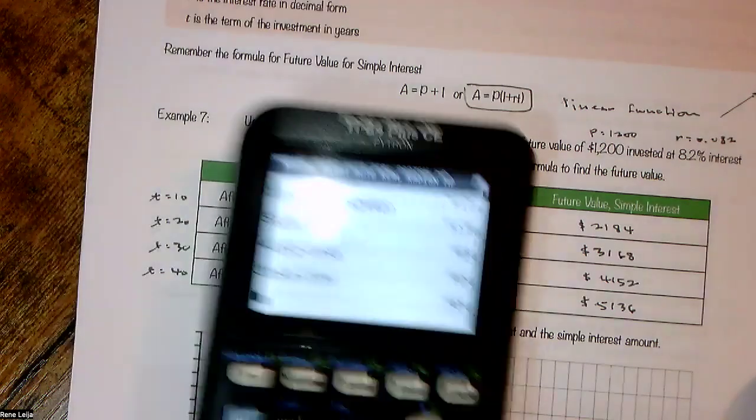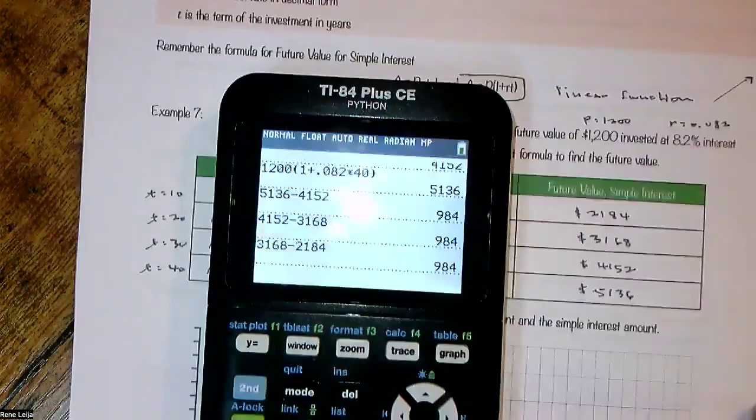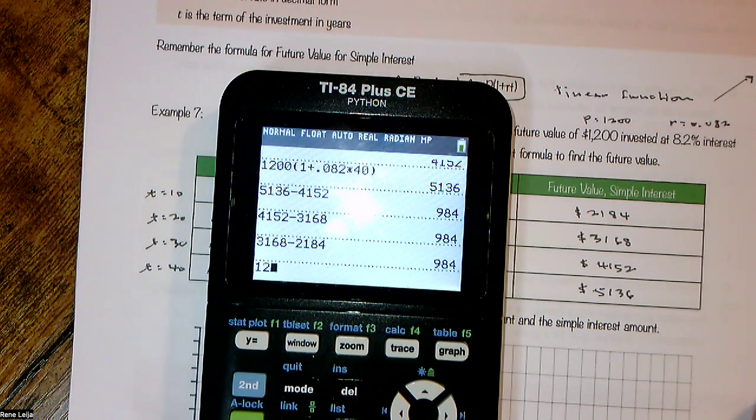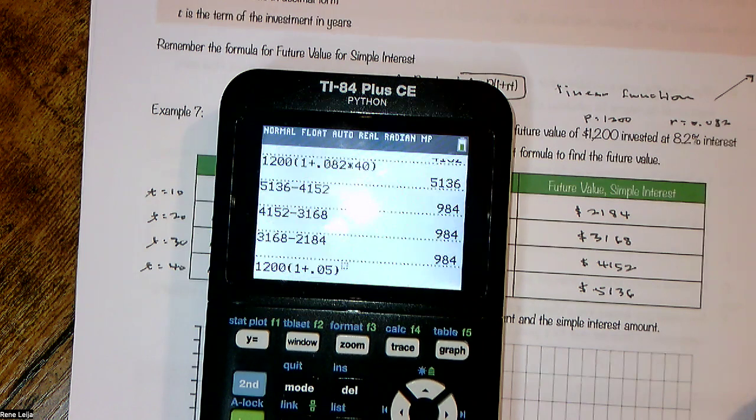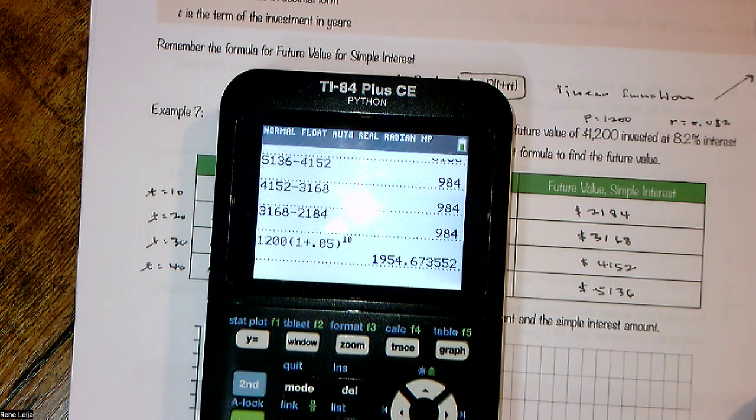Okay. All right, now let's calculate our compound amount. All right, so we're going to take this formula. So 1200 times 1 plus the rate, 0.05, close the parentheses, raise it to the 10th power, hit enter.